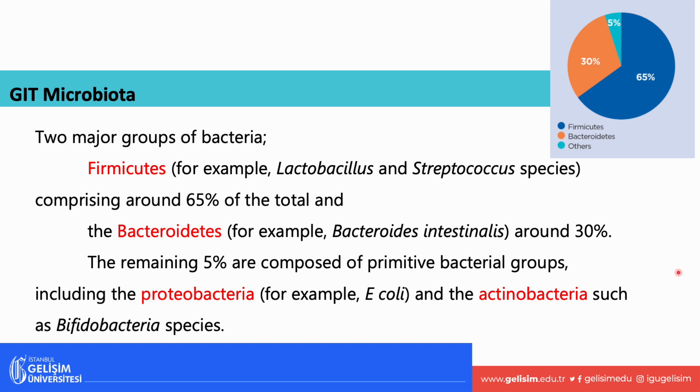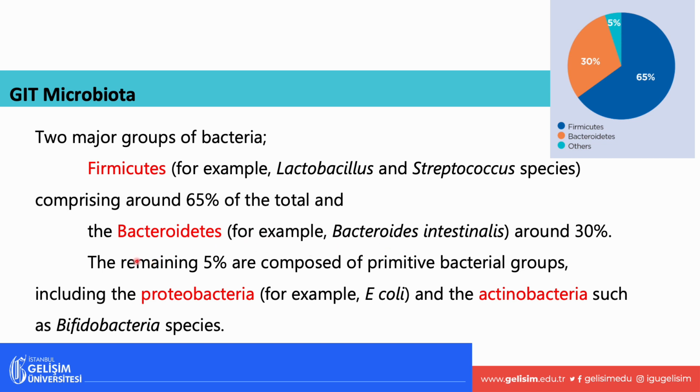Among the bacteria, the two major groups are the firmicutes and the bacteroidetes, which together make up about 95% of the total microbiota. The firmicutes include species such as lactobacillus, as well as streptococcus, while the bacteroidetes include species such as the Bacteroides intestinalis. All right.